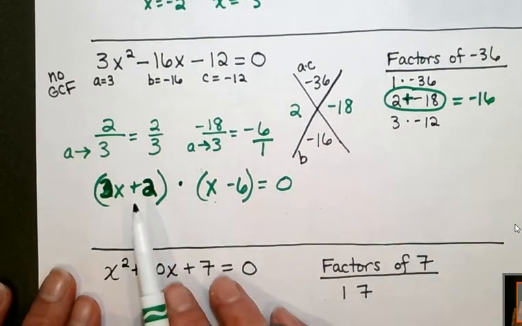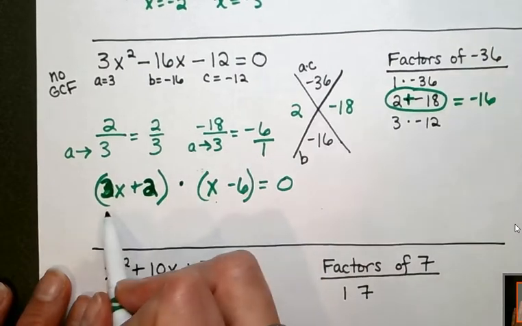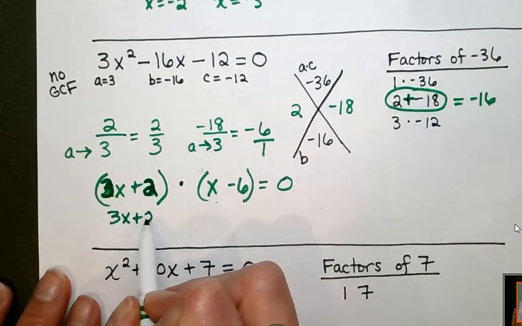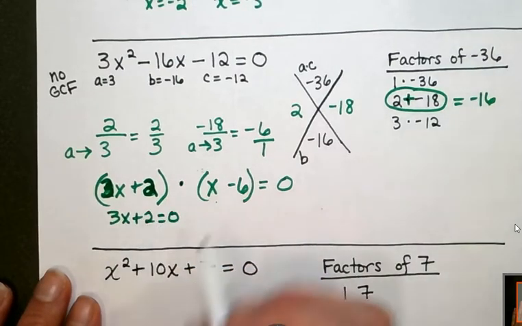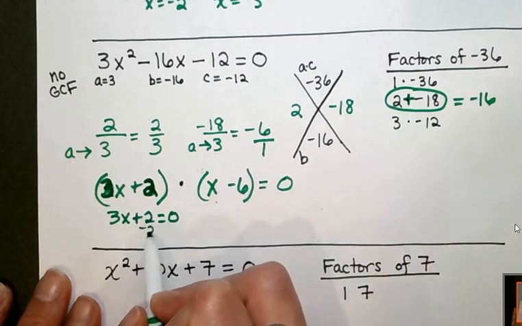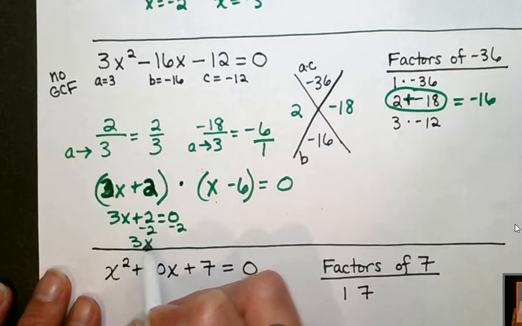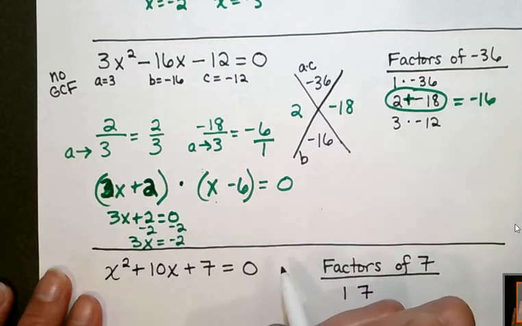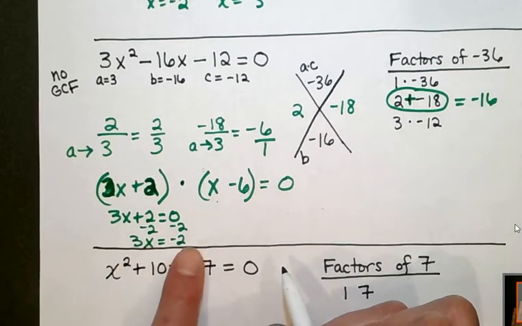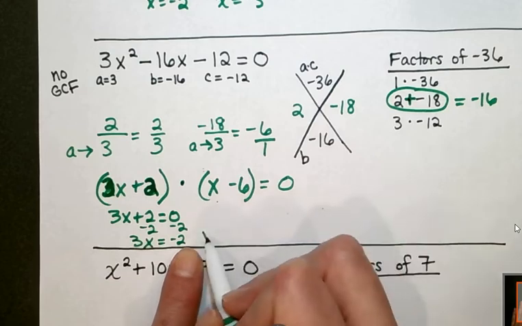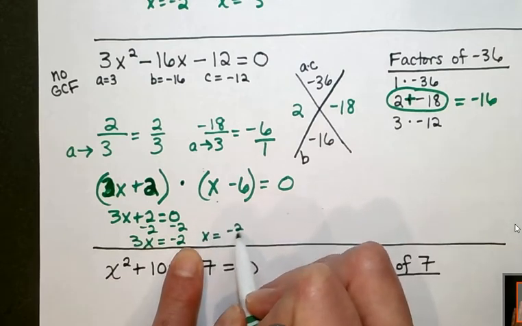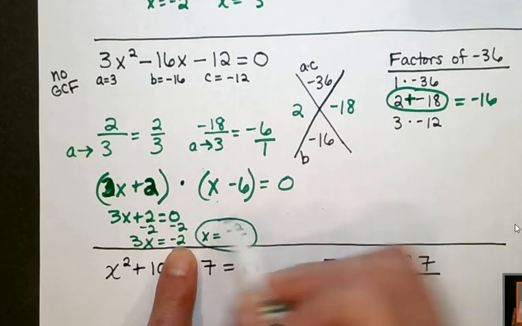Now, when we solve this, we can set 3x plus 2 equal to 0. And then we can subtract 2 from each side. That'll give us 3x equals negative 2. And then our last step will be to divide by 3 on both sides. So our x value will equal negative 2 divided by 3.